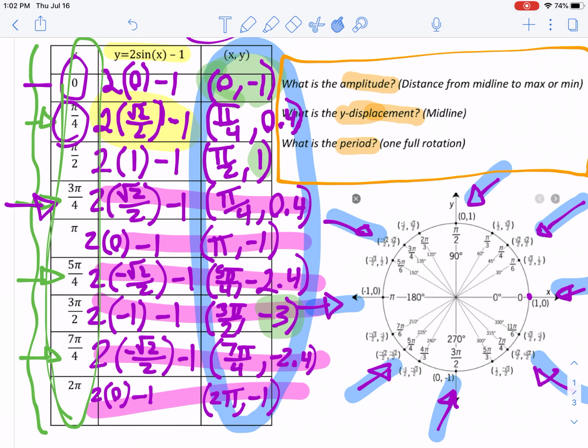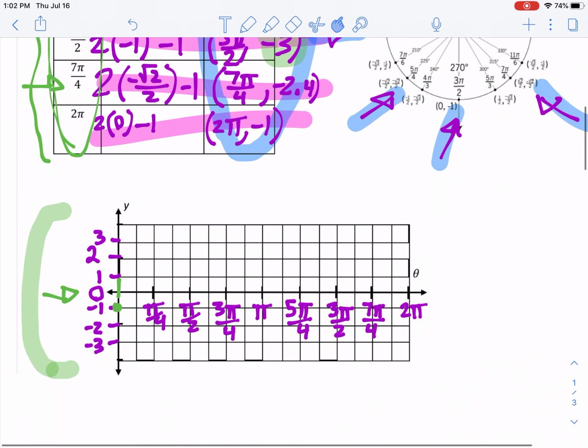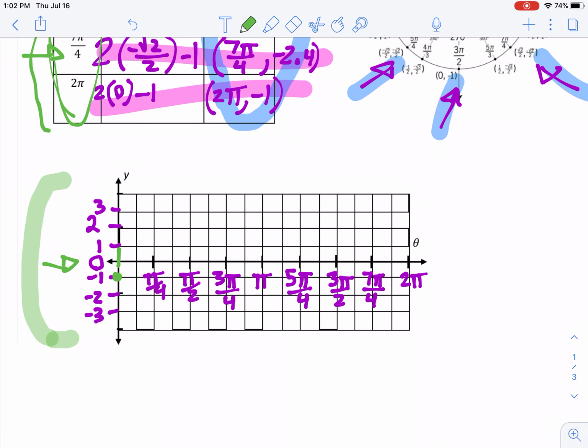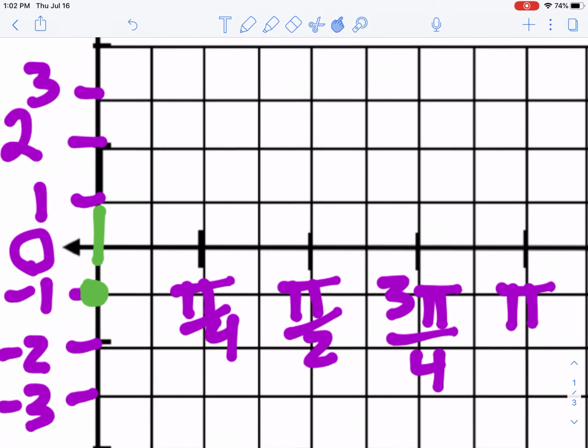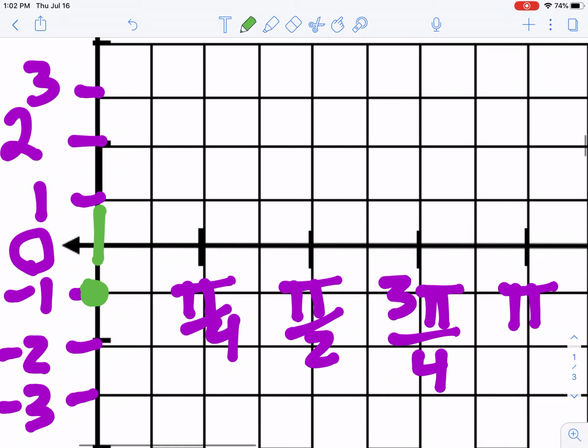So pi/4, 0.4. I have pi/4, and I'm just going to have to estimate where 0.4 is, and I'm going to zoom in. So 0.4, we will say is right there, that's good enough for us.